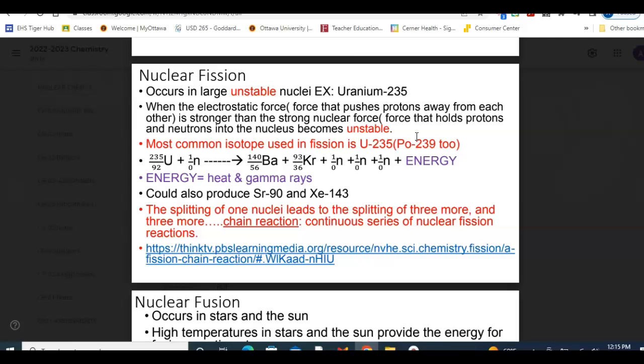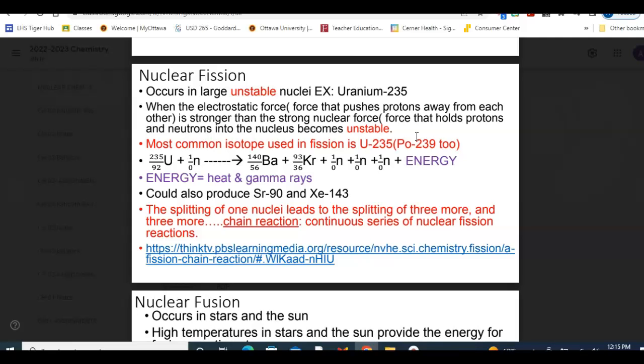As it says, when the electrostatic force that pushes protons away from each other is stronger than the nuclear force that holds the protons and neutrons in the nucleus, the atom becomes unstable. So it's like a tug of war, the electrostatic force versus the strong nuclear force. One is pushing the protons away from each other, and the other is trying to hold the protons and neutrons together.